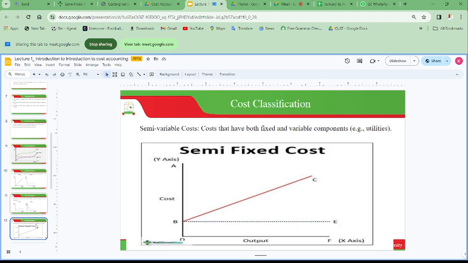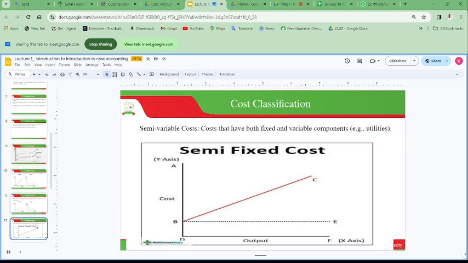So let's look at a semi-variable cost. These are costs that have both fixed and variable components. For example, utilities. In other words, semi-variable costs are costs that have both fixed and variable cost elements and are therefore partly affected by fluctuation in the level of activities.